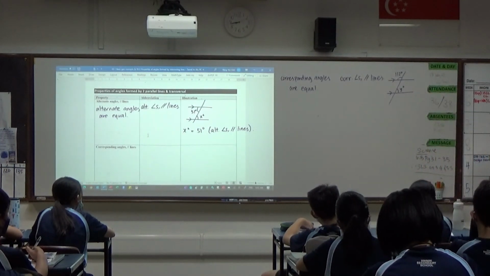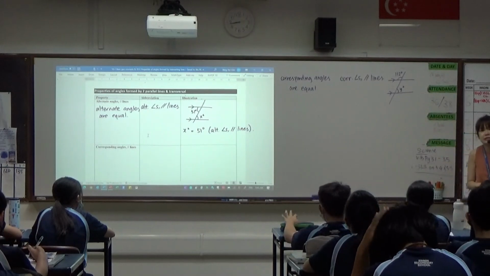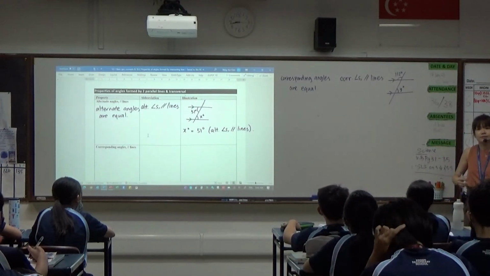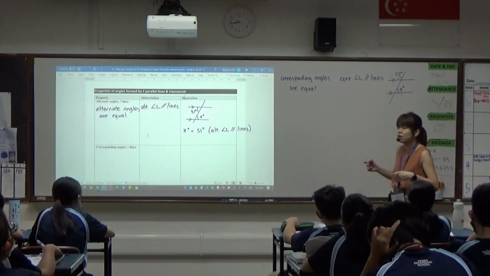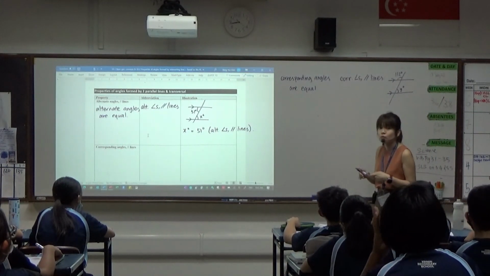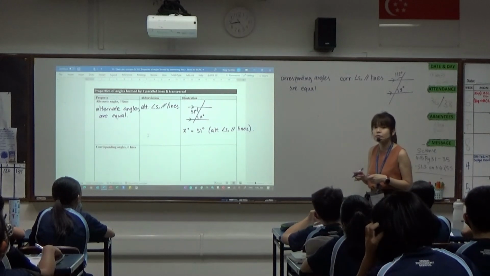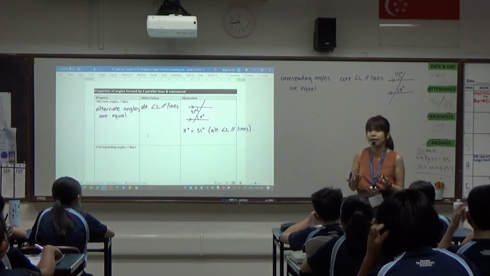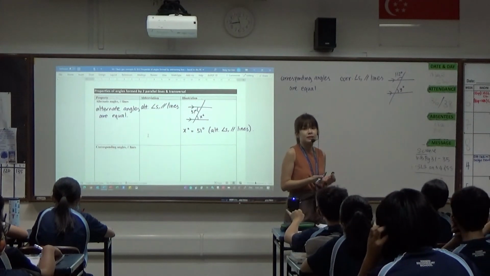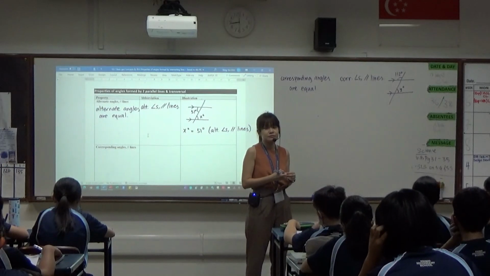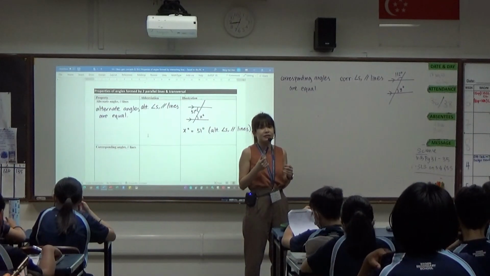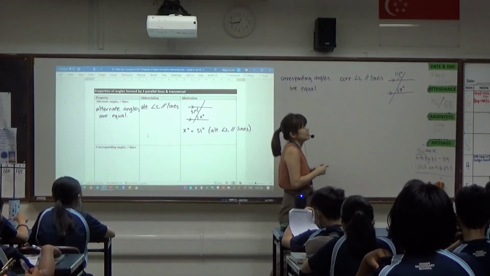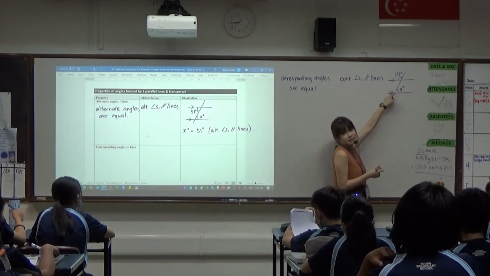Degrees. How would we find y degrees? Yes, Asher. 180 minus 112. Why is it 180 minus 112? What reason are you applying? As the angle over here, right?